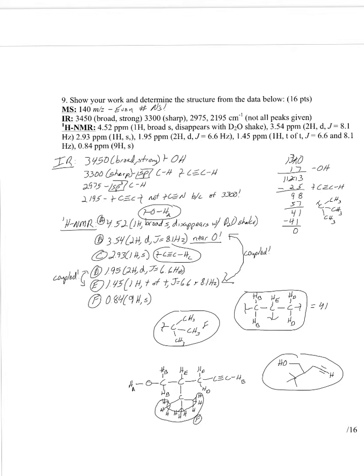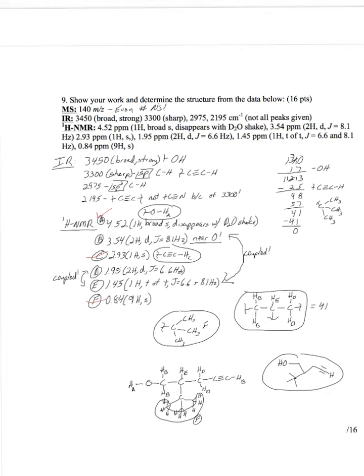I've checked off the D2O shake, the OH, I've checked off the terminal alkyne, and I've also checked off the 3 CH3s. What I have left is these 3 more peaks, and they all appear to be coupled to each other. It looks like E is coupled to both D and B by knowing their coupling constants. So 2 different coupling constants, basically E is hearing 2 songs.